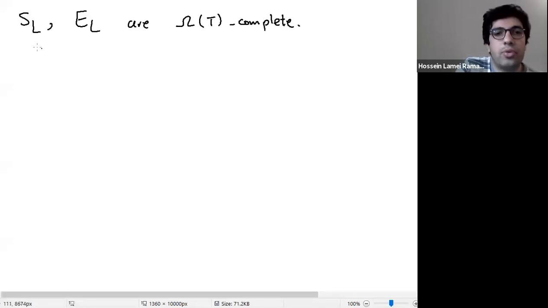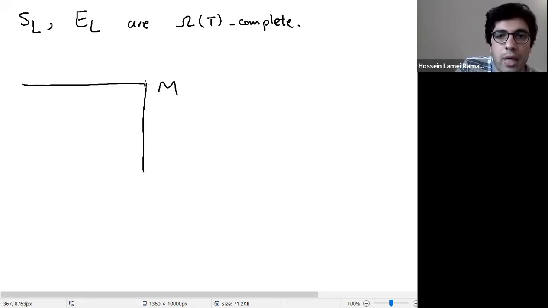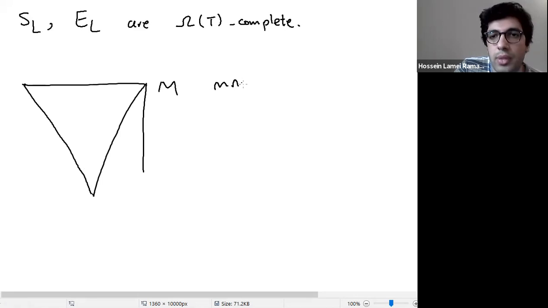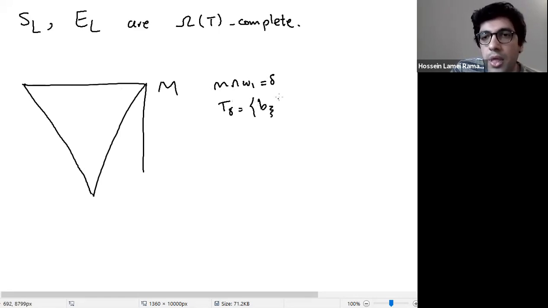The reason is, let's start with SL. SL was just a sequence of ordinals. So we have a countable elementary submodel M, and we have our tree T. And M intersect omega 1 is delta. When we look at T, T delta is going to be big psi at delta, where psi is in M intersect omega 1.